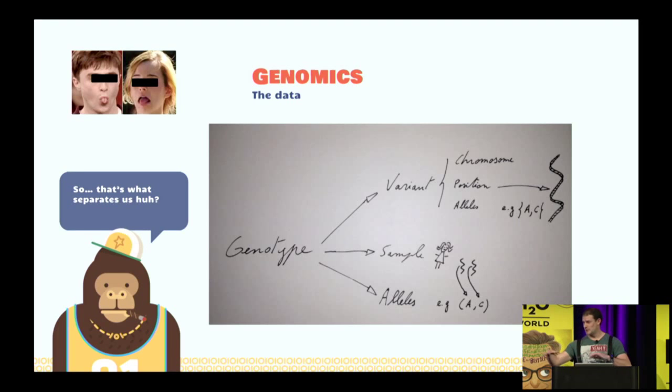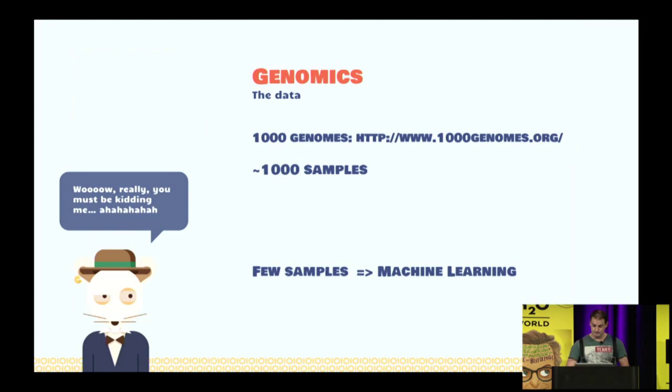And this mutation can spread in the population from one generation to the next. And all those differences make up what we are, in terms of the ingredients of the biochemical soup that we are made of. And so this is the data we focus on.